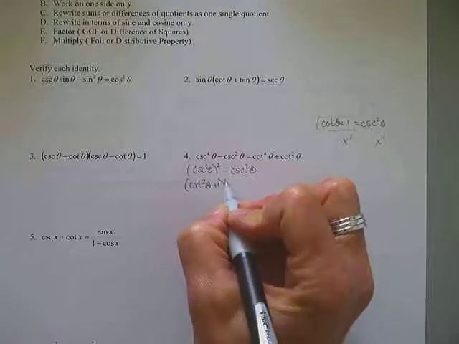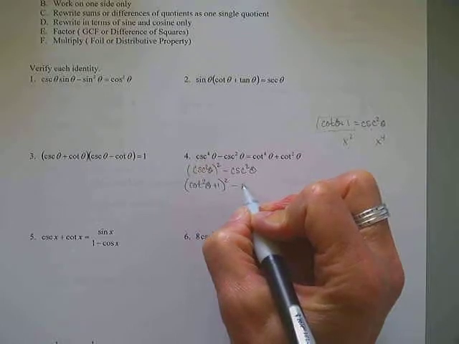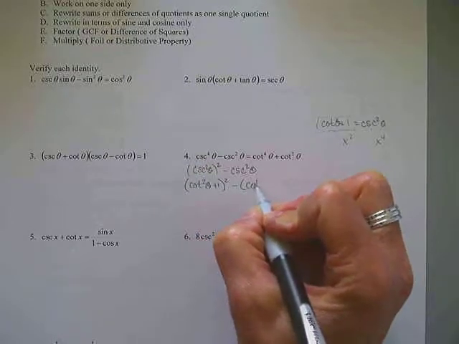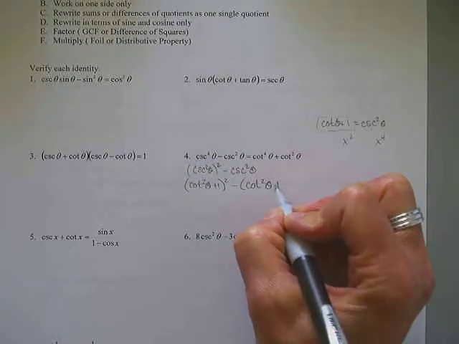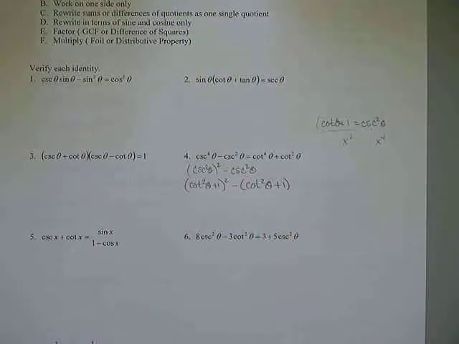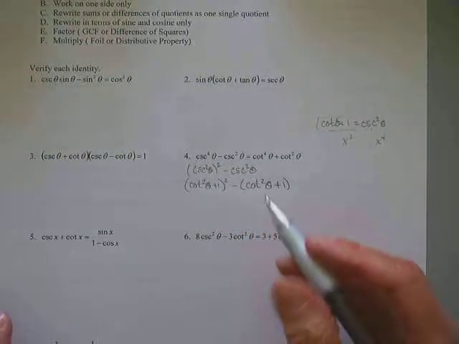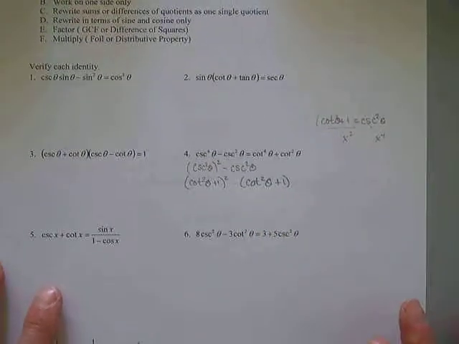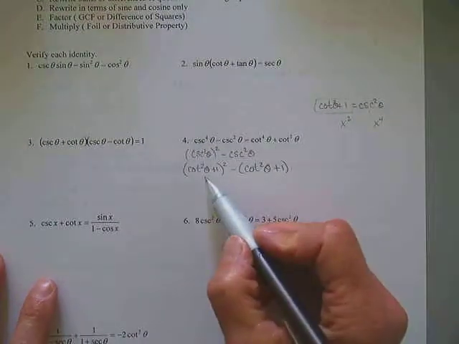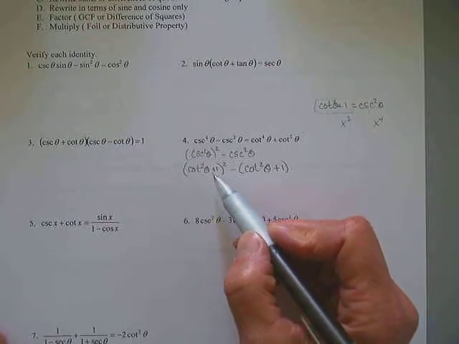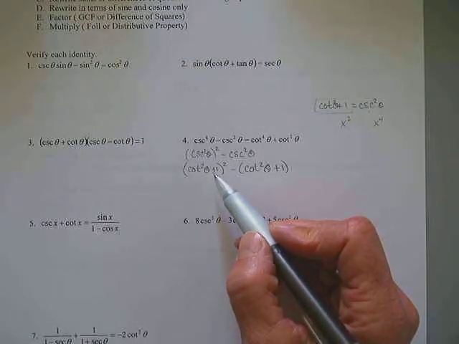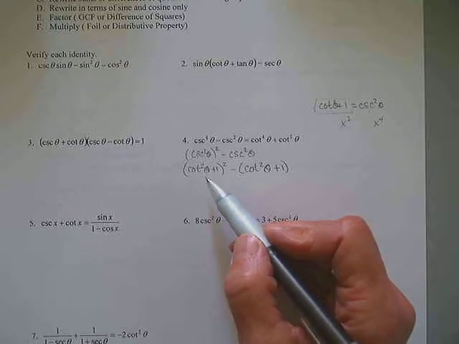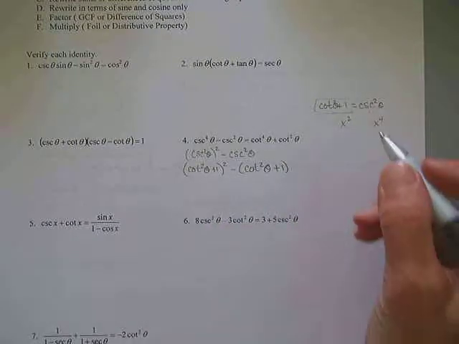Cotangent squared of theta plus 1 squared minus... all right. You have to be very careful that you distribute the negative into everything. Now, how would you square this thing right here? Gonna have to use FOIL.